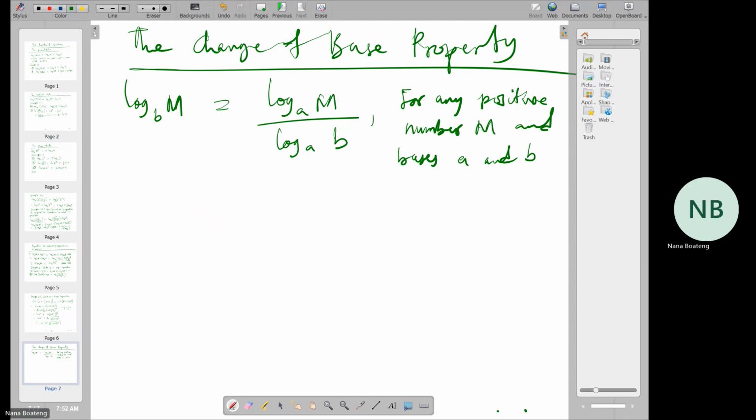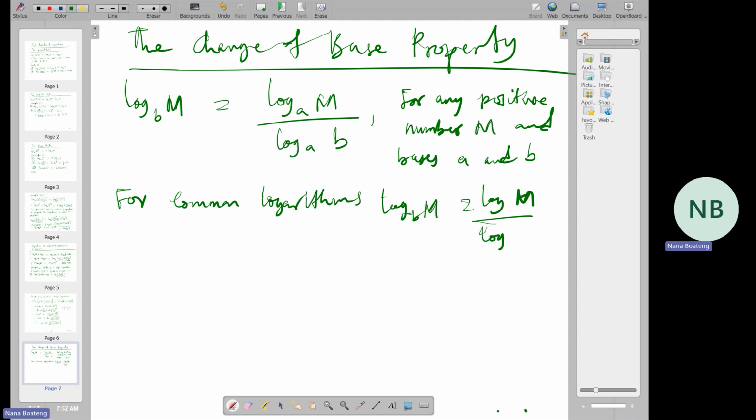Okay. And also for common logarithms, common logarithms means it's the base 10, which we don't write. So for common logarithms, we have log to the base b of m is equal to the log of m divided by the log of b.